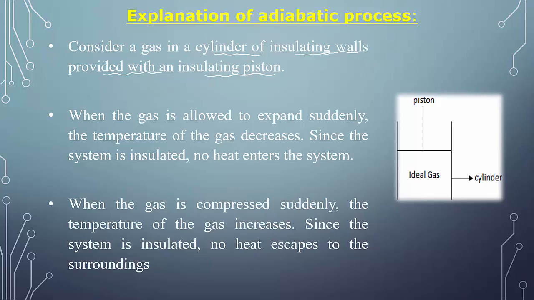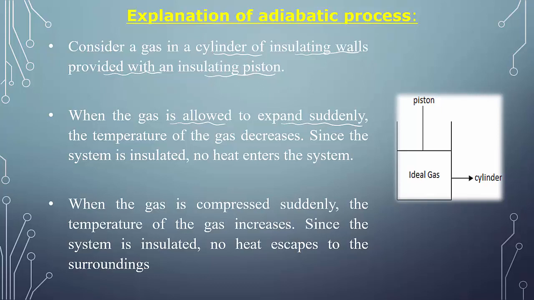The first point, when the gas is allowed to expand suddenly. The gas is expanding suddenly means the piston is moving in upward direction. The gas is expanded, volume increases, pressure decreases, temperature also decreases.